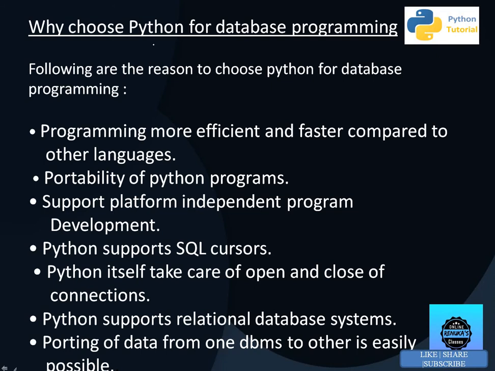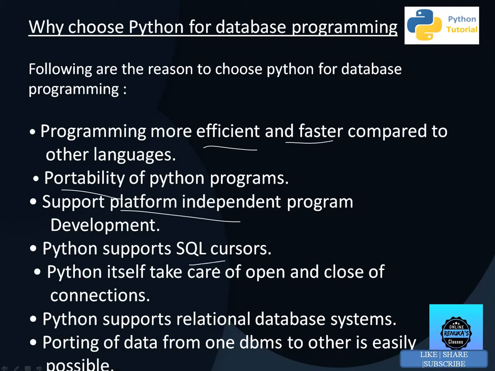Now, why do we use Python for database programming? There are many characteristics of Python that make it the best choice for database programming. It is more efficient and faster as compared to other languages. It is portable, platform independent. Platform independent means a program or application developed on one platform can be executed on any other platform.